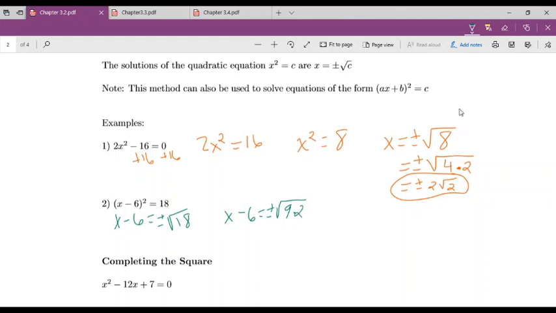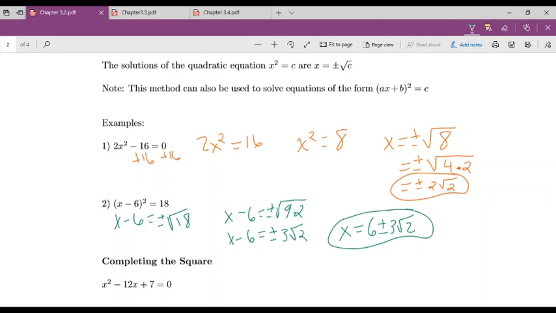So that what it looks like is x minus 6 equals plus or minus 3 square root 2. Now you still need to get x by itself, so we're going to add 6 over. If we do that, we get x equals 6 plus or minus 3 square root 2. And that's how that works.